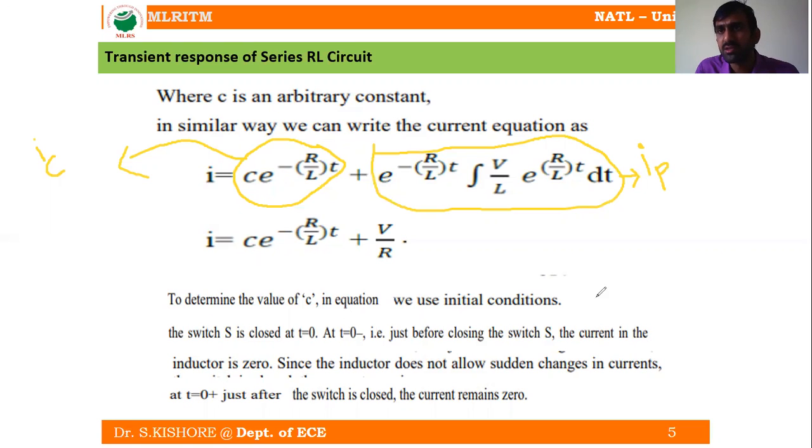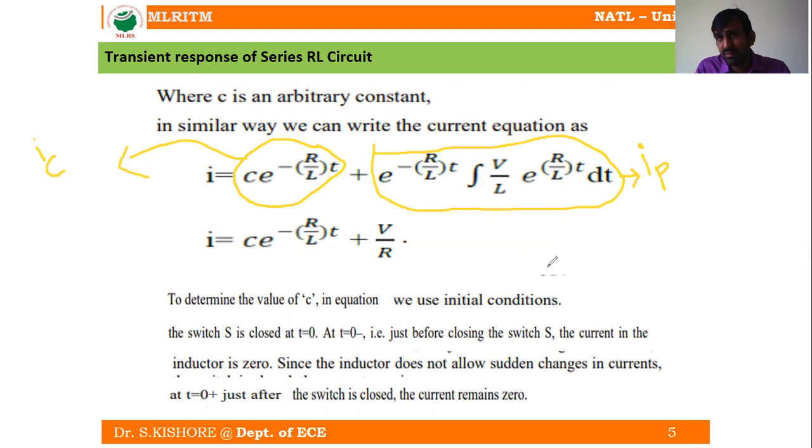Why? The current through the inductor just before the switching is the same as just after the switching.